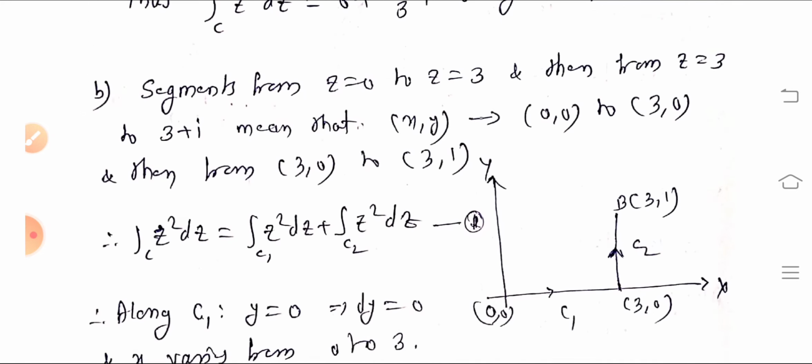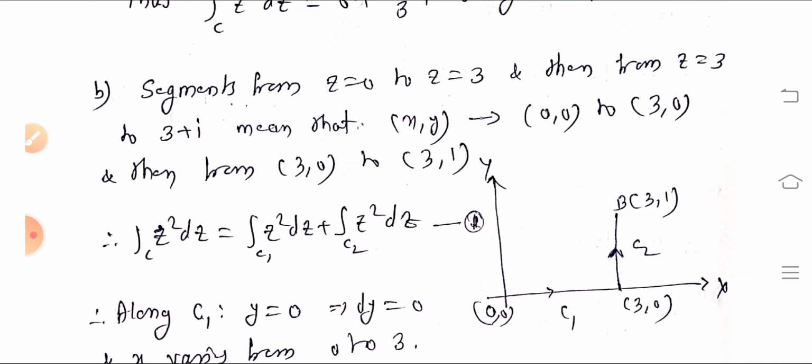Now the path is the segment from z equal to 0 to z equal to 3 and then from z equal to 3 to 3 plus i. That means z from 0 to 3 is x comma y varying from 0 comma 0 to 3 comma 0, and then z from 3 to 3 plus i is x comma y varying from 3 comma 0 to 3 comma 1.